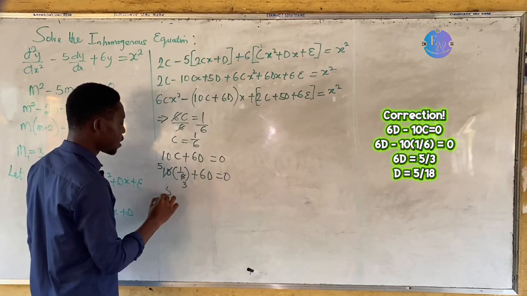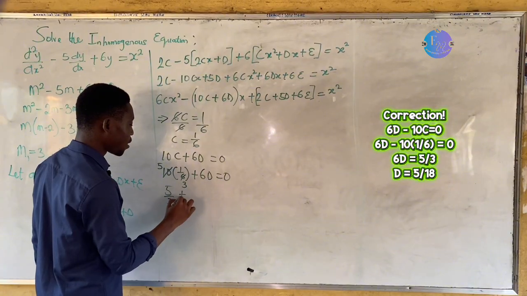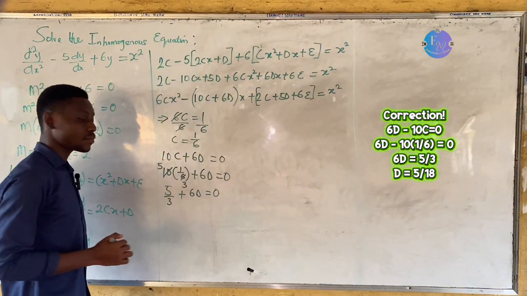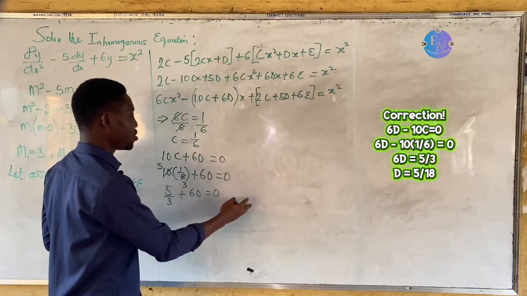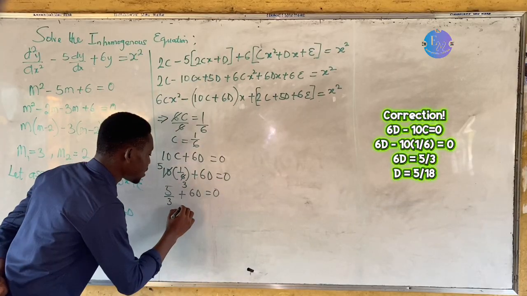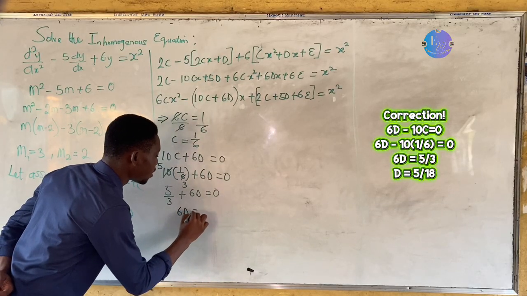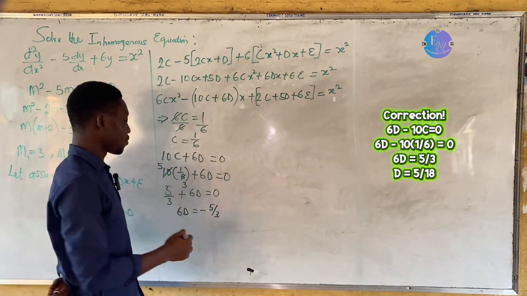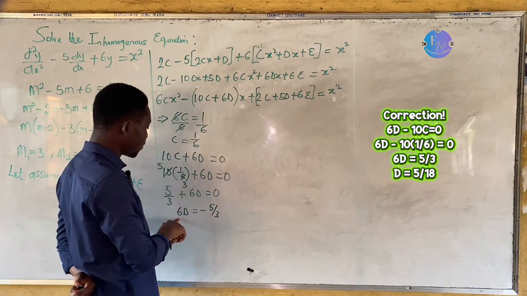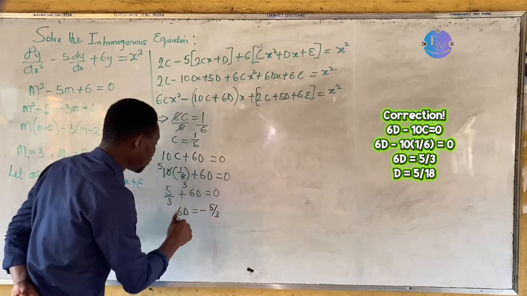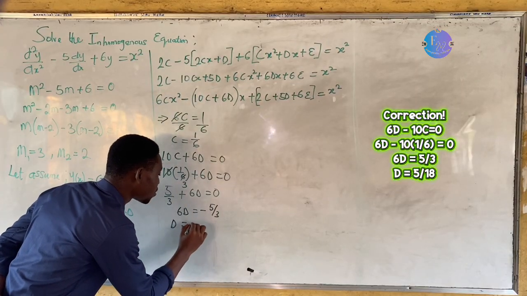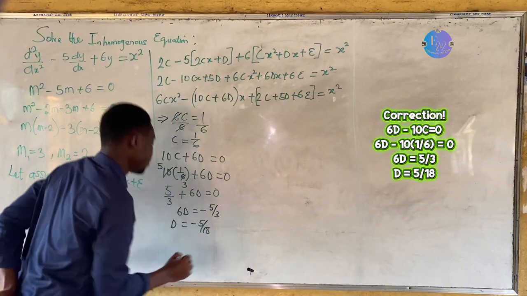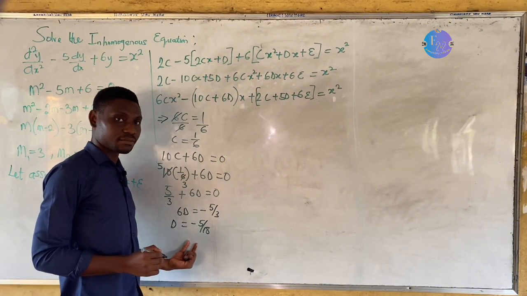So we are left with 5 over 3 plus 6d equal to 0. Now when 5 over 3 comes to the other side, we are left with 6d equal to minus 5 over 3. By dividing through by 6, we will have d equal to minus 5 over 18. So this is the value of d.